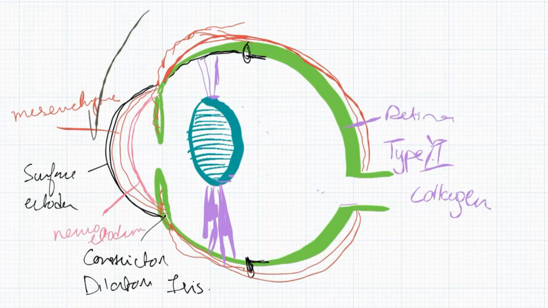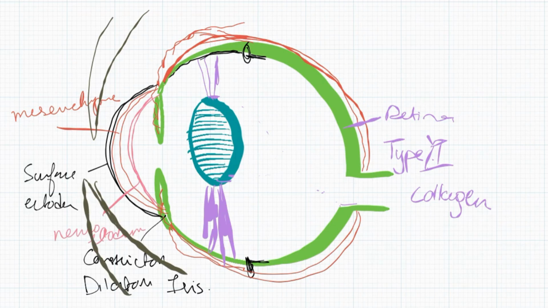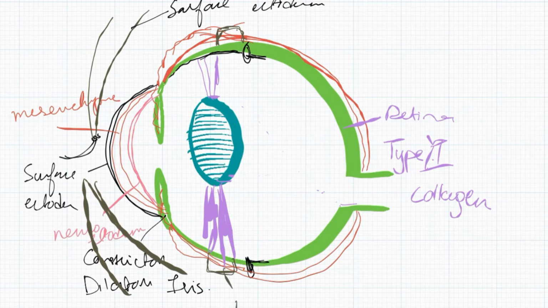The eyelid is formed with the help of surface ectoderm. And the eyelashes as well, and the glands of Moll and Zeis. The oblique muscles, which are superior and inferior oblique muscles, are formed first from the mesenchyme.